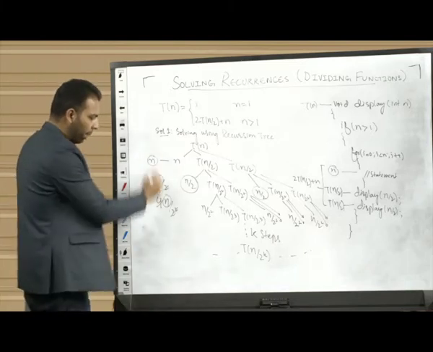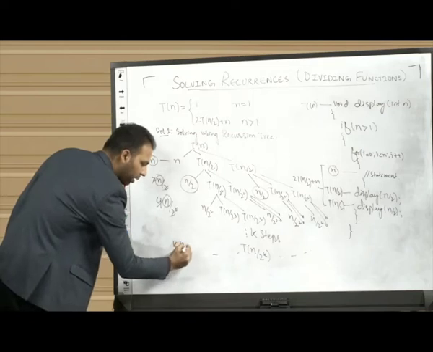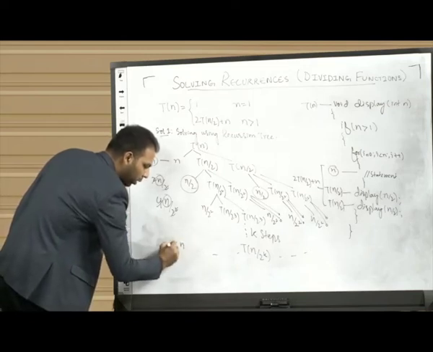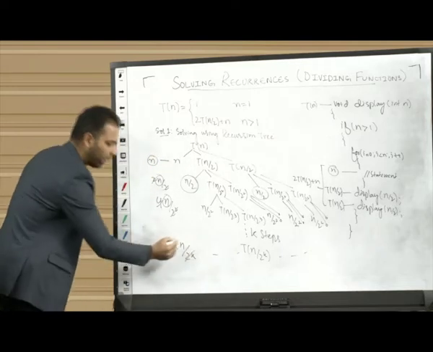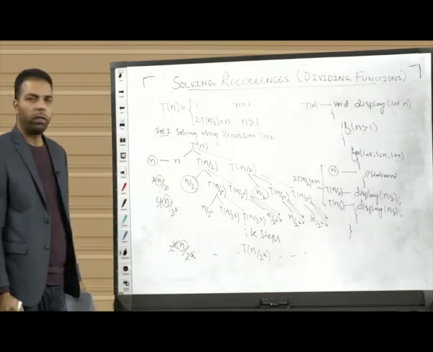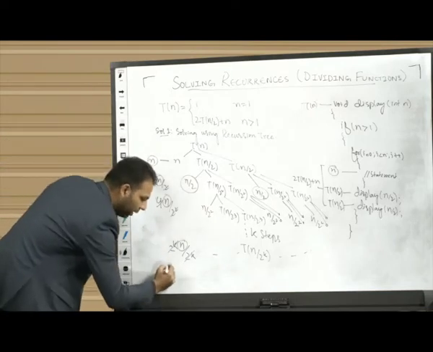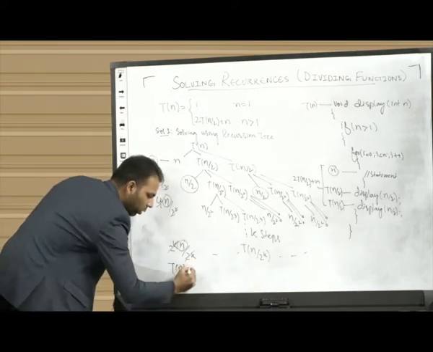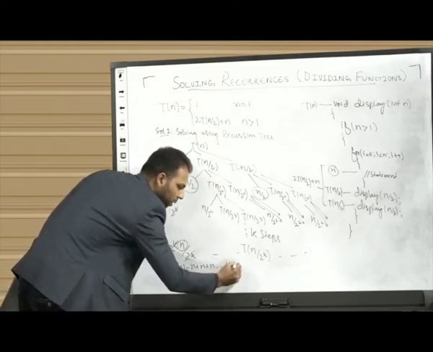So here again it will be n by 2 raised to the power k, and this 2 raised to the power k and 2 raised to the power k will get cancelled. The total time will be n. So if I add the total time, what will we get? We will get t of n is equal to n plus n, how many times? k times.